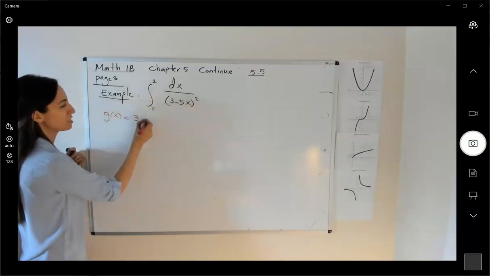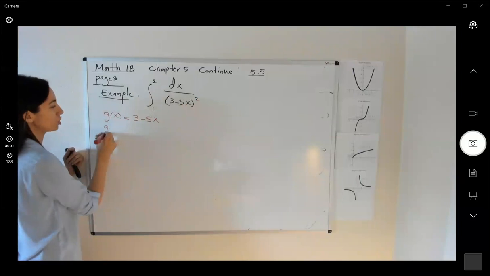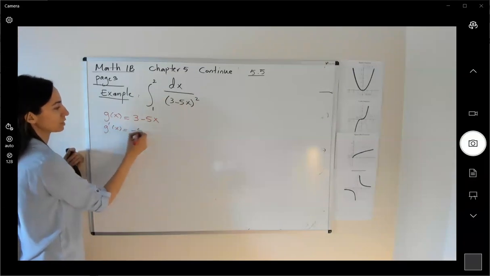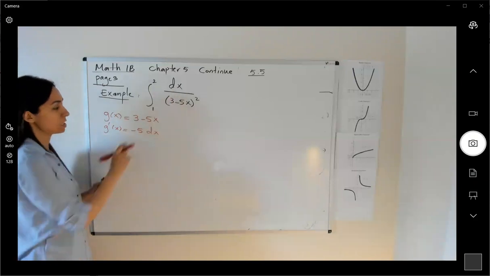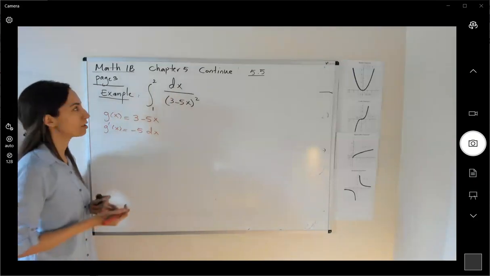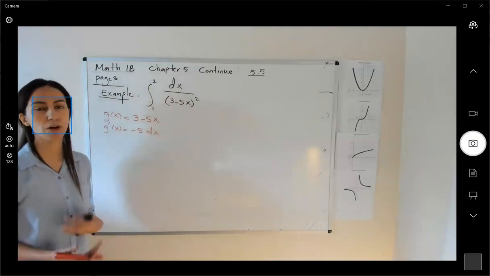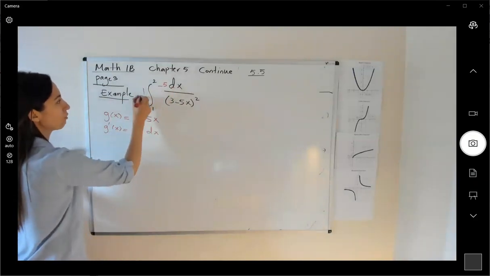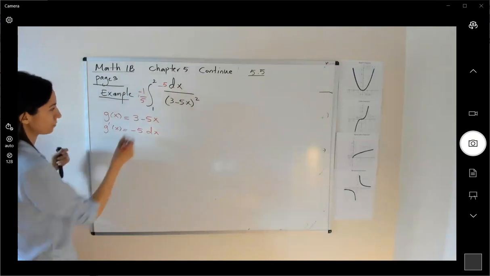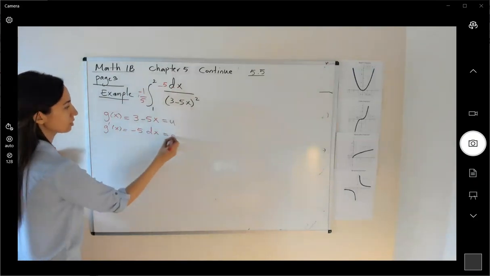So this is 3 minus 5x. g prime of x is minus 5 dx. Okay, I have dx. I don't have this number. What I'm going to do is multiply and divide by negative 5. So minus 5, and negative 1 over 5. So this is u, this is du.